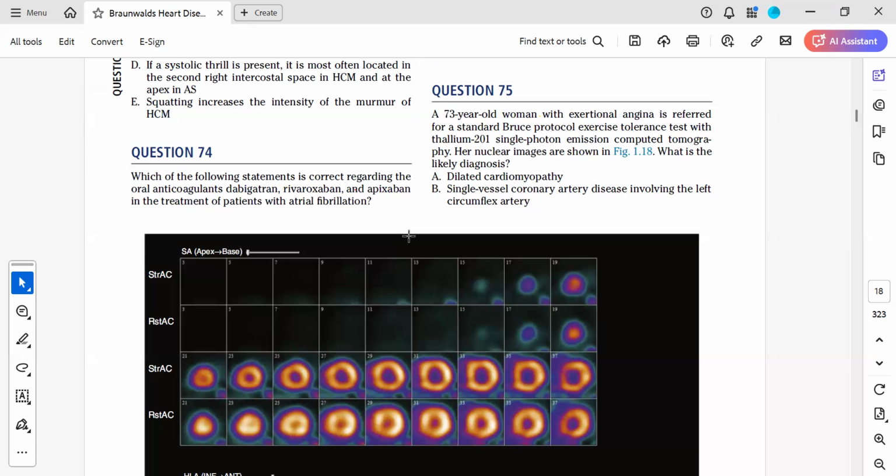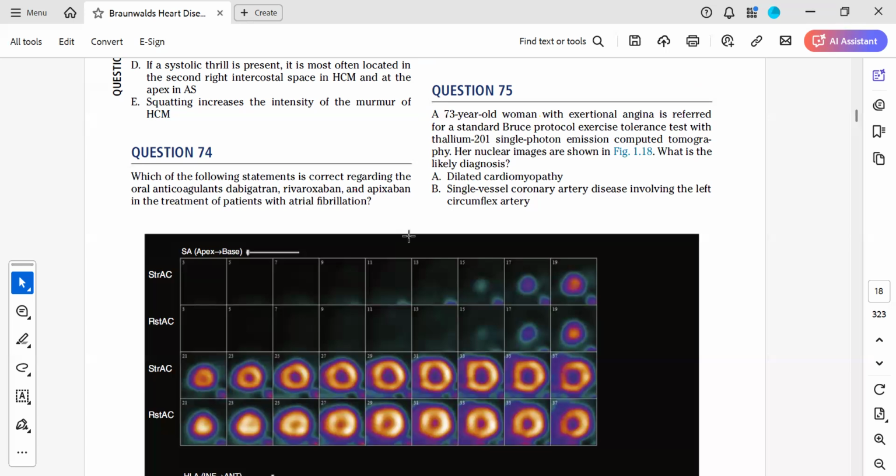Question 75: a 73-year-old woman with exertional angina is referred for a standard Bruce protocol exercise tolerance test with thallium-201 single photon emission CT. Her nuclear images are shown below. What is the likely diagnosis? A, dilated cardiomyopathy. B, single vessel coronary artery disease involving the left circumflex artery.